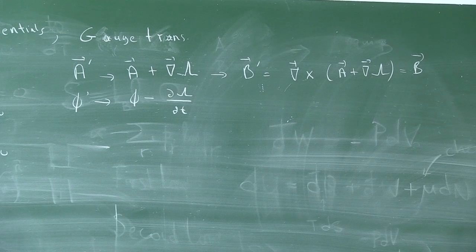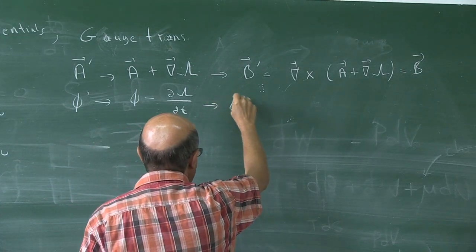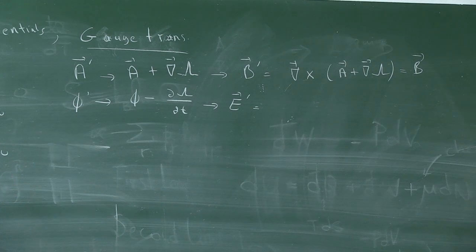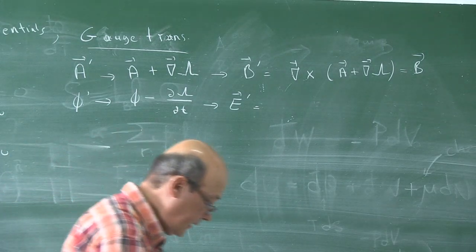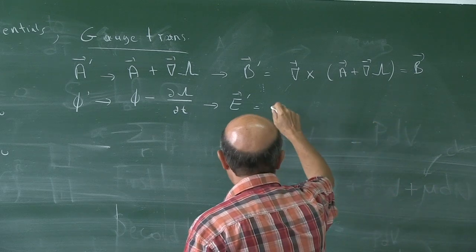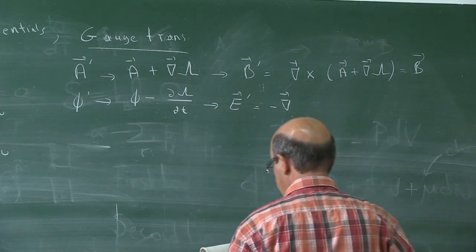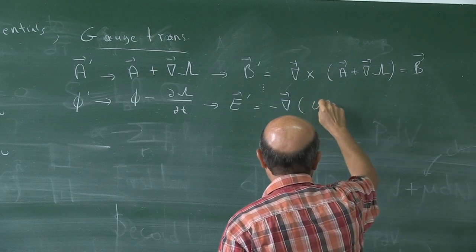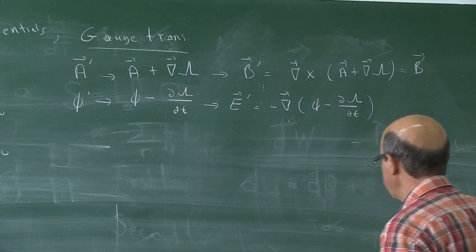And you can do the same thing for the electric field. If you look at the electric field under this transformation, all you have to do is substitute phi prime instead of phi and A prime instead of A, and what are you going to obtain? Minus gradient of phi prime. Where is my phi prime? That is phi minus del of the scalar function due to the gauge transformation.